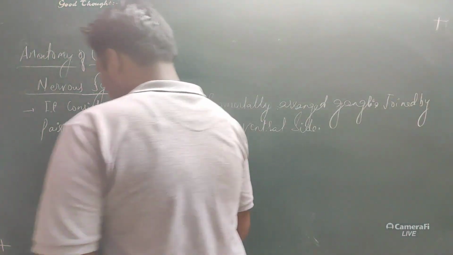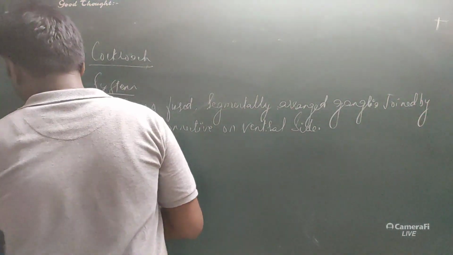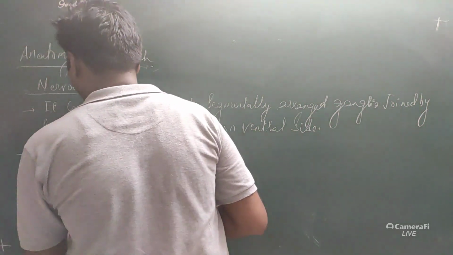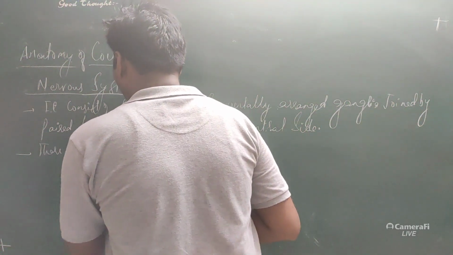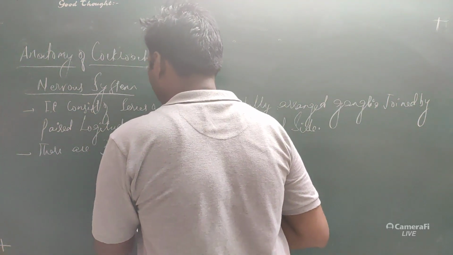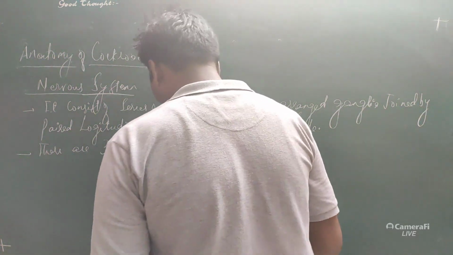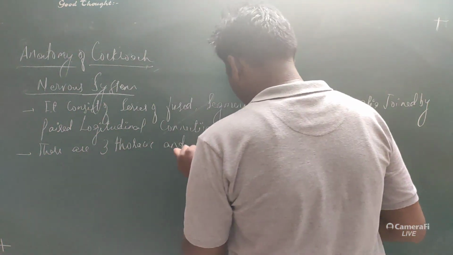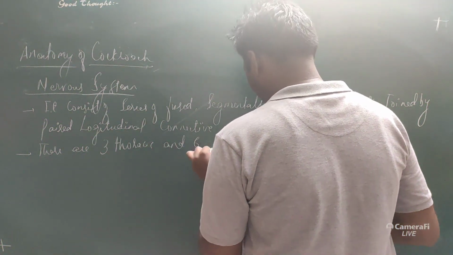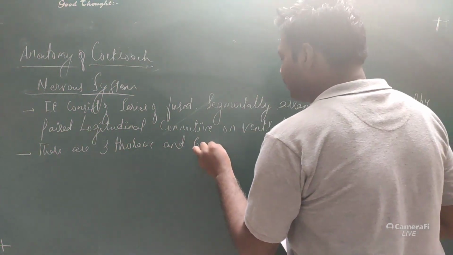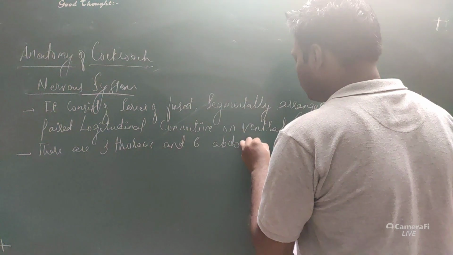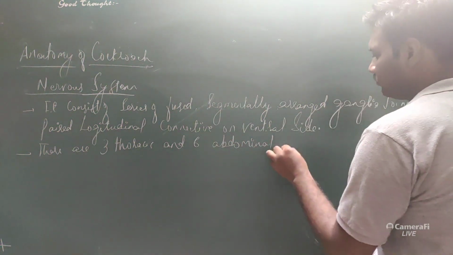Okay, there are three thoracic and six abdominal ganglia.